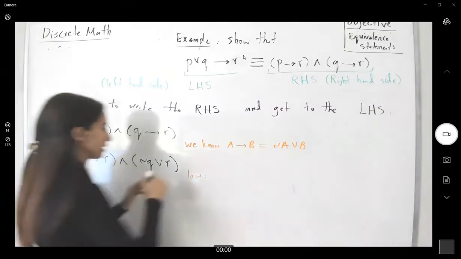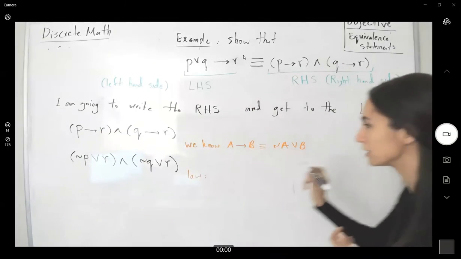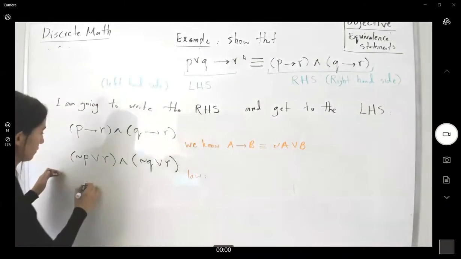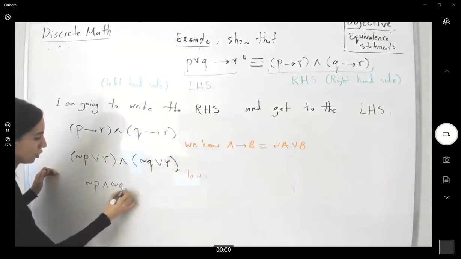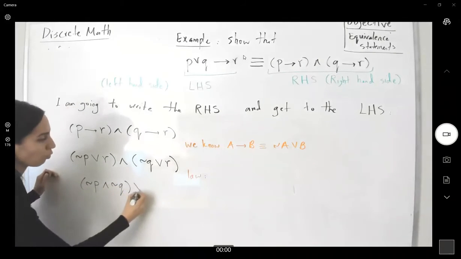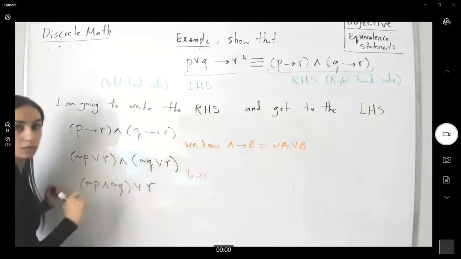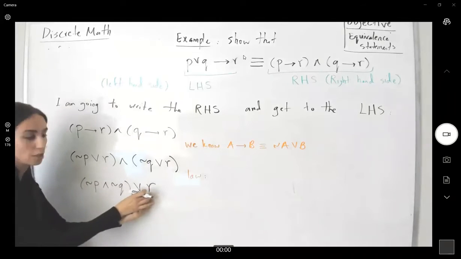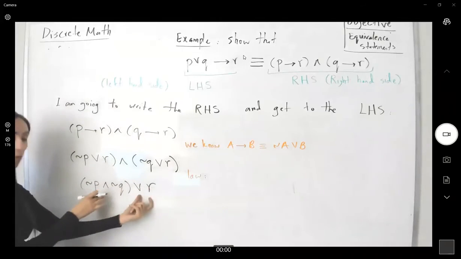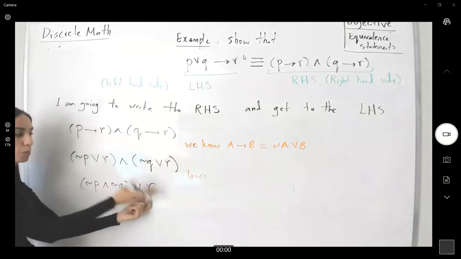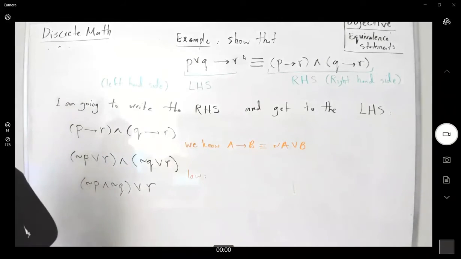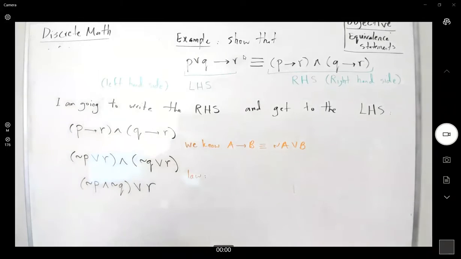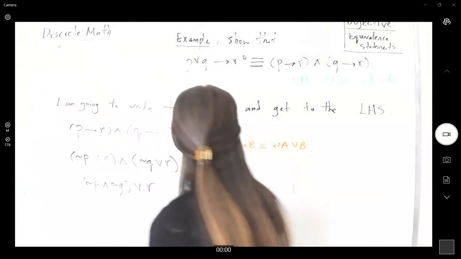If I take this and write it as not P and not Q, or R, it means that I'm distributing or over and from the right-hand side. So of course it's the distributive law.